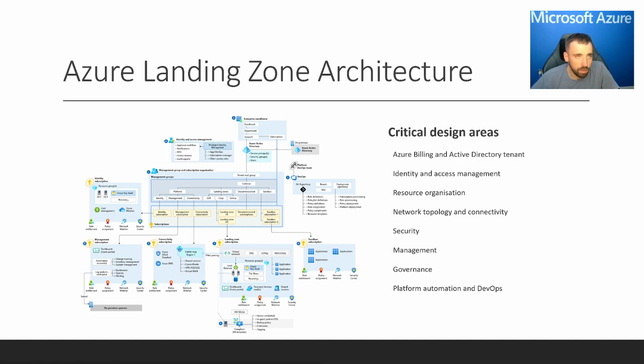We then have the management subscription, which is all around management and monitoring and having a central log analytics workspace, and identity subscription, which is around the domain controllers or Azure Active Directory domain services. So ultimately, this lays out a recommended architecture, and we can deviate from this as required to meet our business needs.